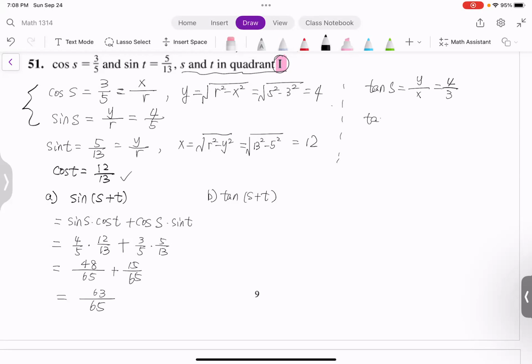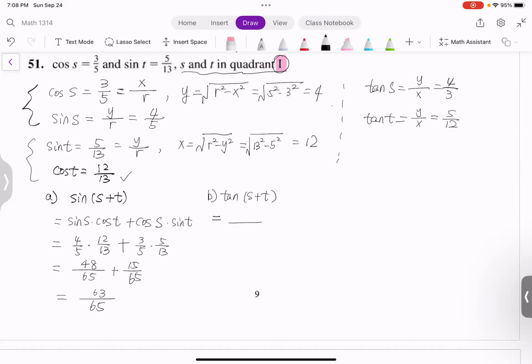What is tangent t? Let's find tangent t from here. You can use sine t over cosine t. You can also say it's y divided by x. So y is 5, and x is 12 because I found it here. Okay, so we have the tangent s and tangent t values.